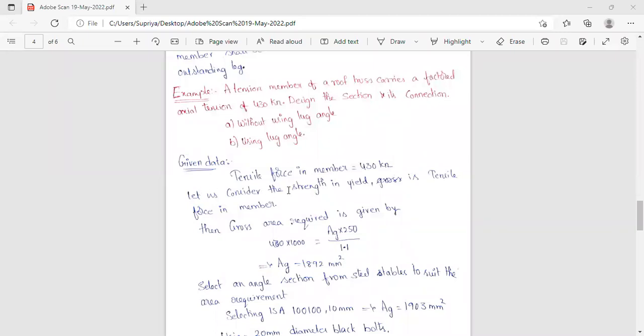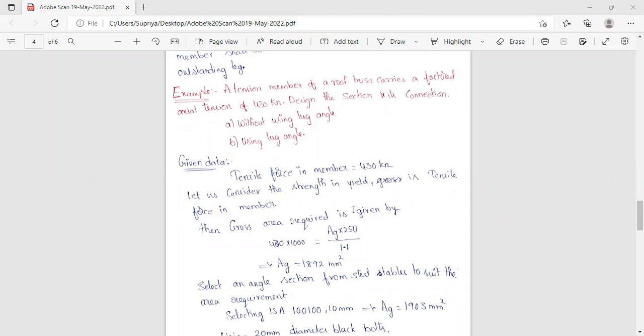And let us consider the strength in yield as the tensile force in member, because we have to first select what is the angle to be provided as a lug. Okay, so for that we are considering the strength in yield as the tensile force in the member.